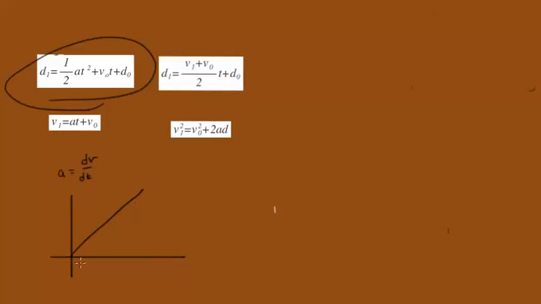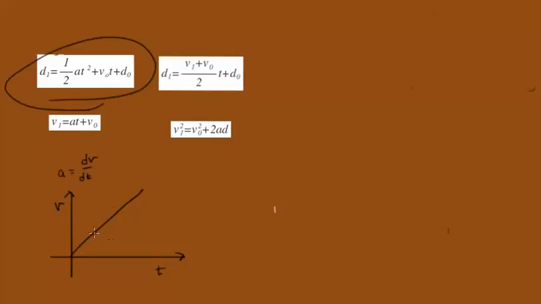For the third one, we look at this equation, and let's start with the definition of acceleration again. Change in velocity per change in time. Now, in all these problems, we have acceleration being constant, which means that if we were to plot velocity versus time, the acceleration would be the slope of this curve, and it would be constant, so the slope wouldn't be changing.